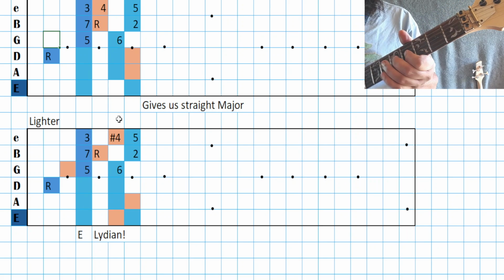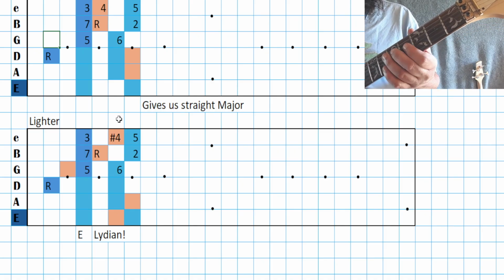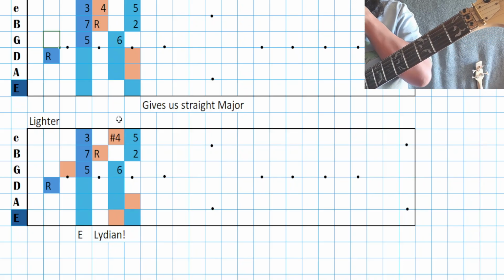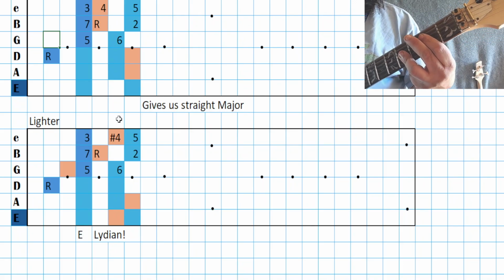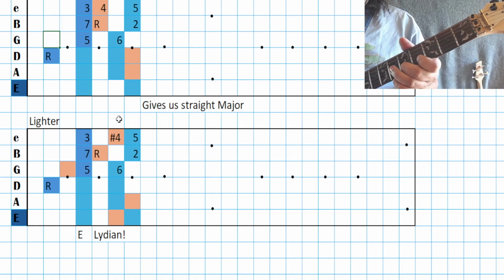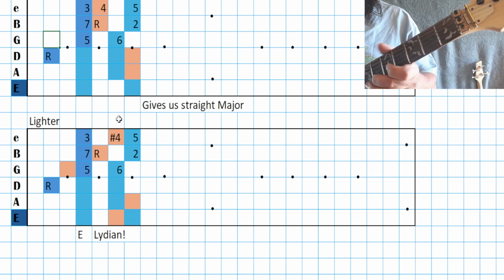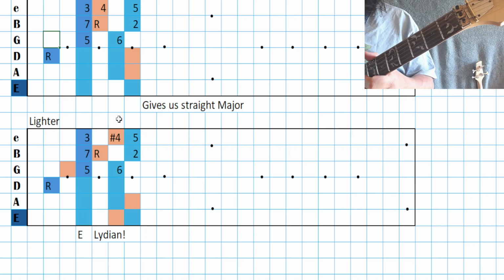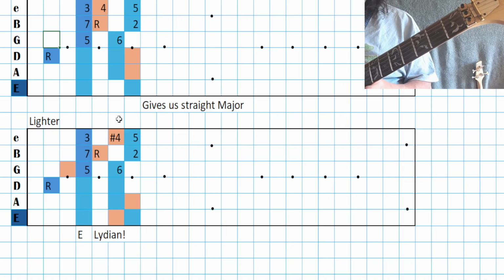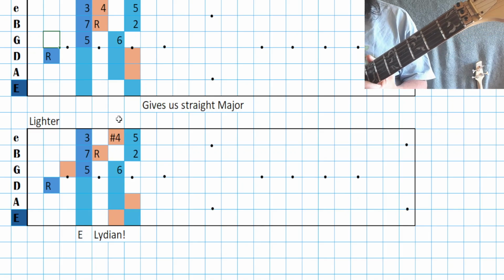Boy, that really sounded like I played the wrong scale. Start again. Here comes the magic note. So you see I'm playing way up here.